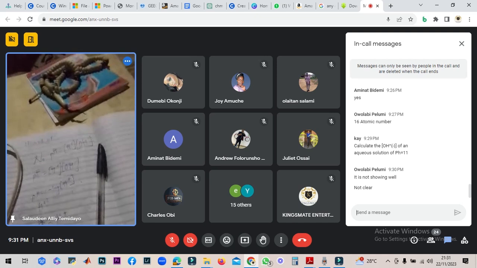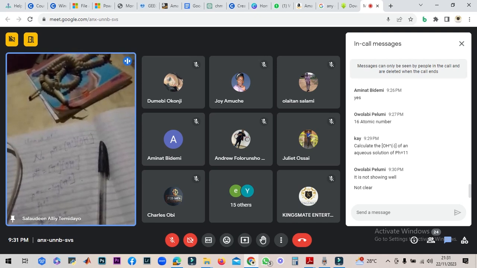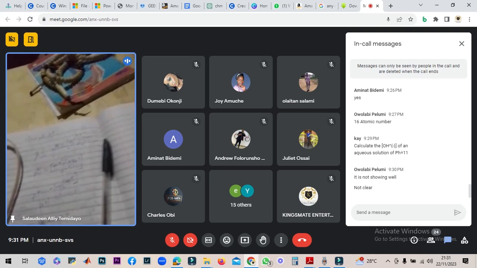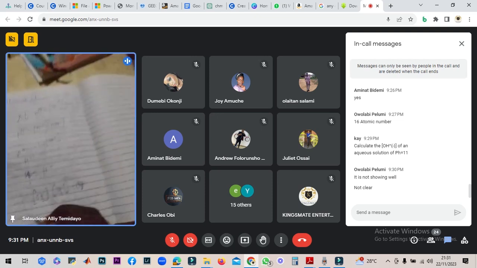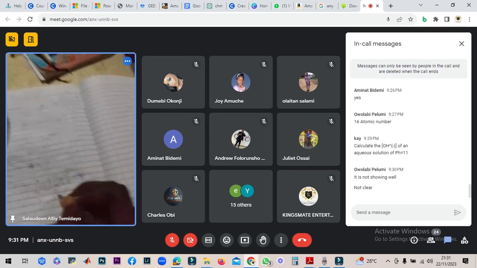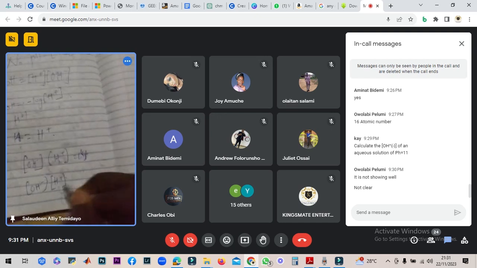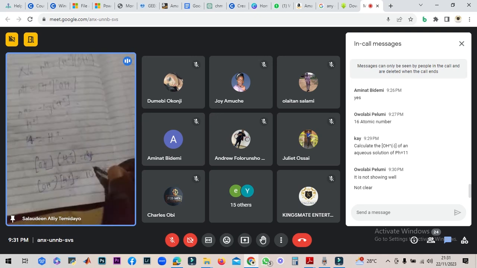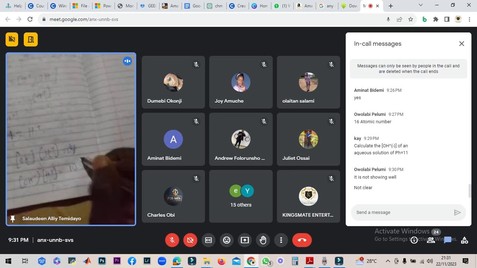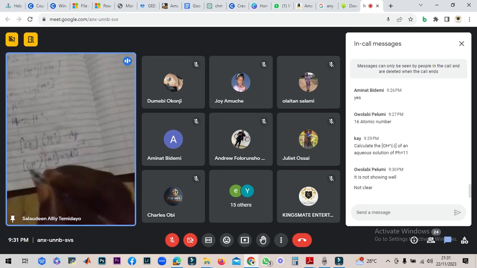Okay, so I have it this way. pH, the both of them, that's what I want to confirm. So OH minus, that is the hydroxyl ion, and the hydrogen ion gives 1 times 10 raised to power minus 14.